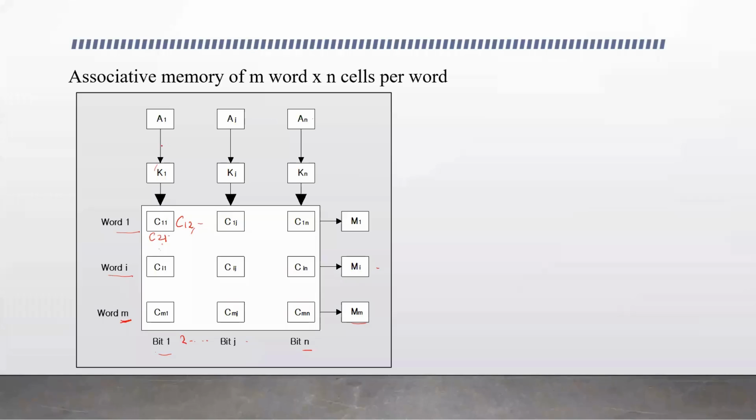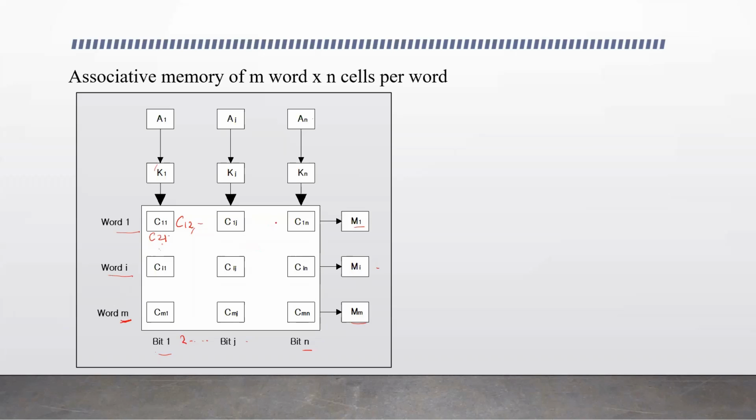Same way, A1 is compared with C11, C21, etc. up to Cm1. And when all these bits are compared, if all the bits match, M1 is set to 1, otherwise M1 is set to 0.